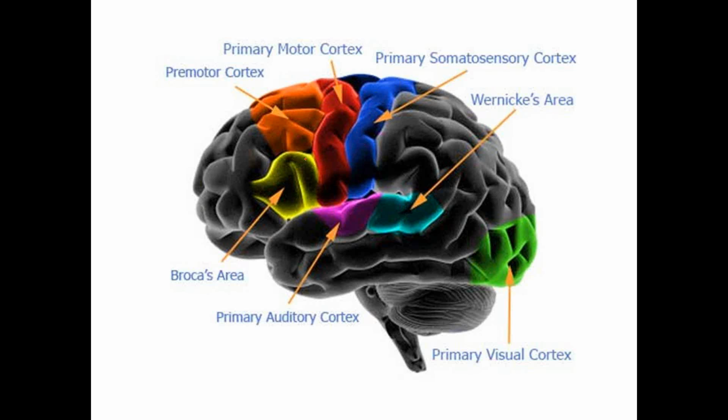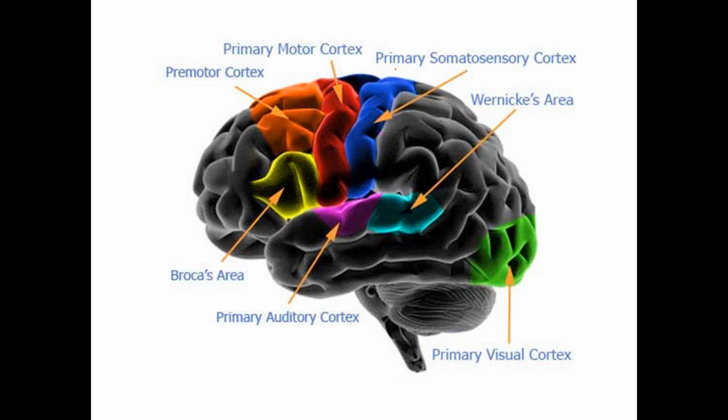So Broca's area here, speech. The primary auditory cortex for hearing. The primary visual cortex for seeing. The primary motor cortex for moving. And then other things like the premotor cortex, which is involved in deciding to move and how to move.